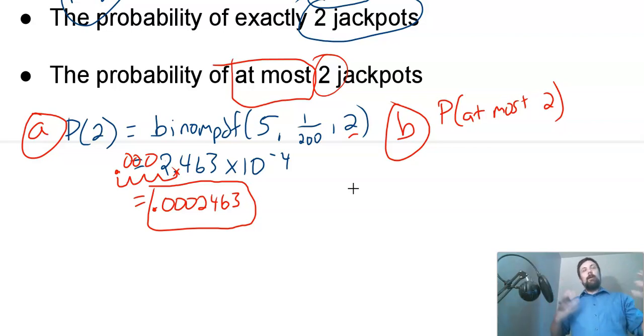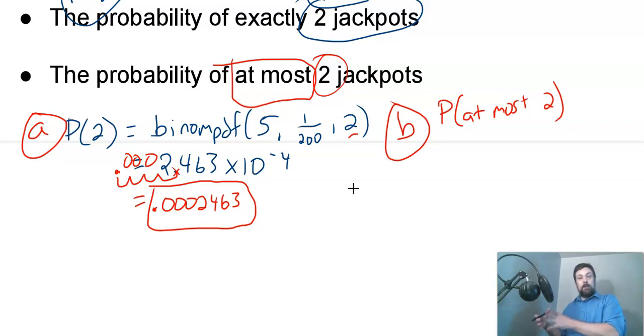The only scenario I can think of where you might see the word at most is if you go to a restaurant with kids and you want to get the kids' pricing. They don't even use this language, but I do remember seeing that at some restaurant, but most of them will say they have to be 12 or under, but you could word that as at most 12. You can get the kids' pricing if your child is at most 12 years old, which means 12 years old or younger, right?